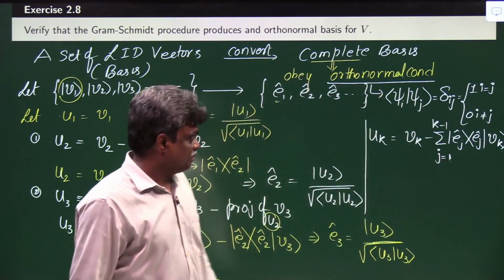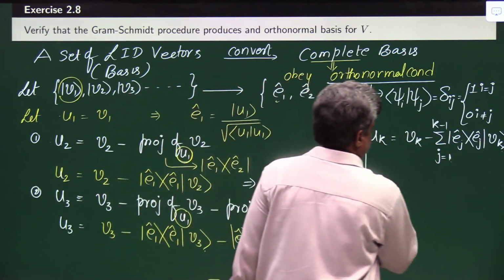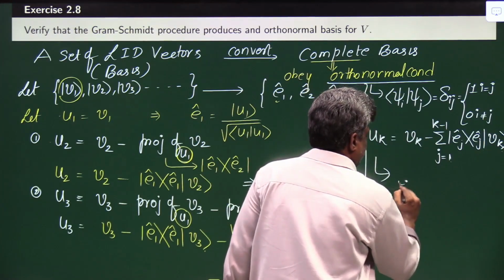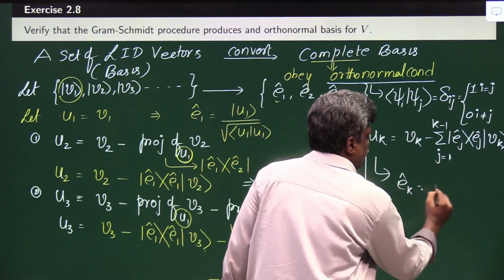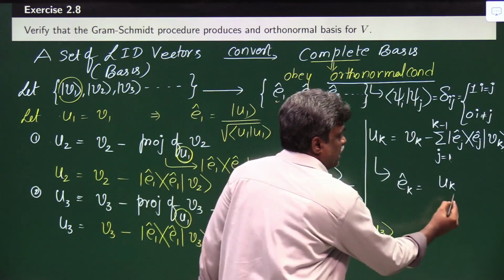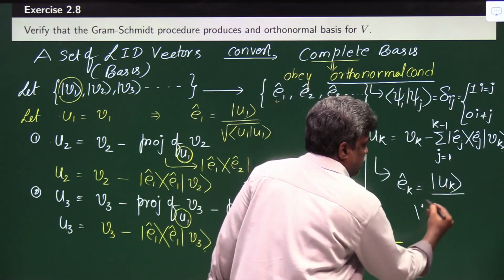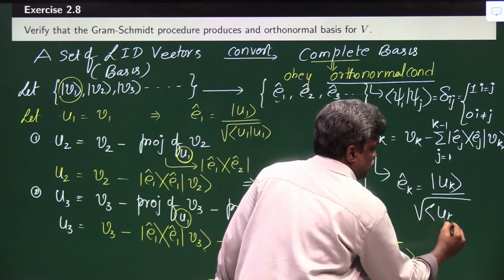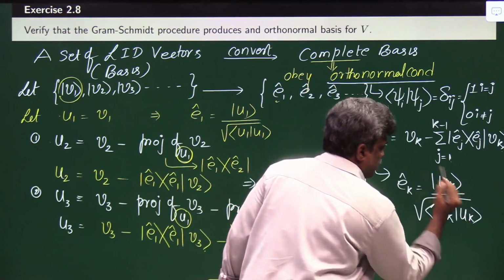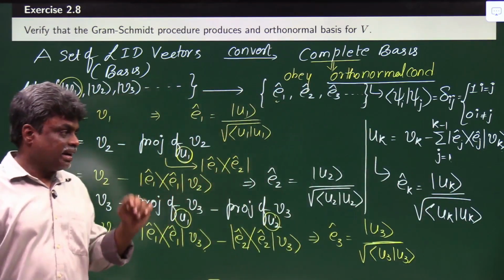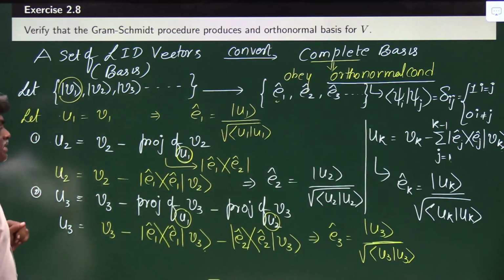That's it. Once you got this UK, you can find the corresponding unit vector EK by its magnitude. So this is the Gram-Schmidt orthogonalization process.